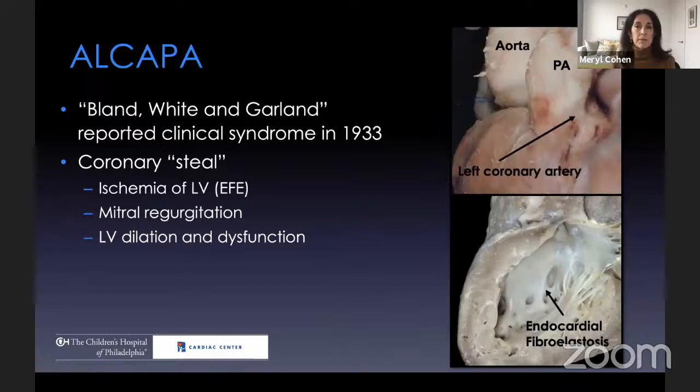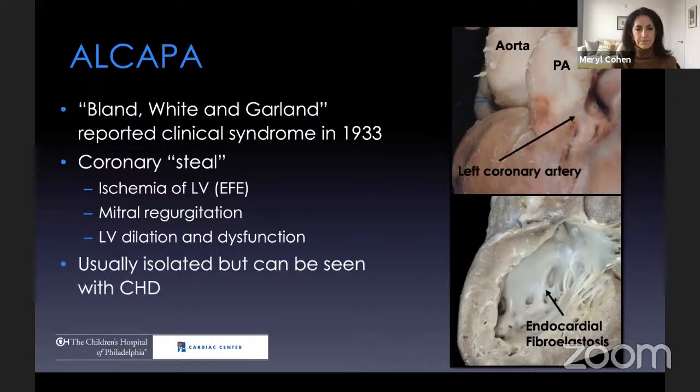Because the papillary muscles have end arteries and do not allow for collateralization, you will often get dysfunction of the mitral valve, mitral regurgitation, and you get overall LV dilation and dysfunction. This is usually an isolated disease, but you can see it in association with congenital heart disease.